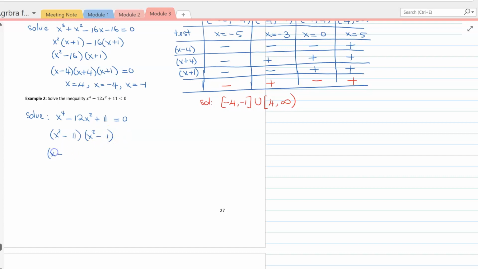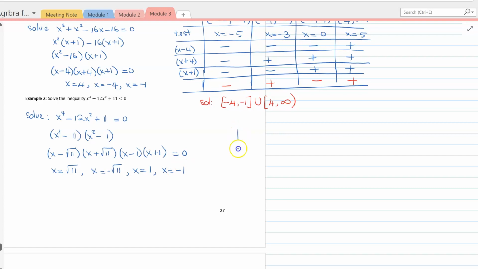So this is x minus the square root of 11 times x plus the square root of 11 times x minus 1 times x plus 1 equal to 0. So the zeros are x equals square root of 11, x equals negative square root of 11, x equal 1, and x equal negative 1.